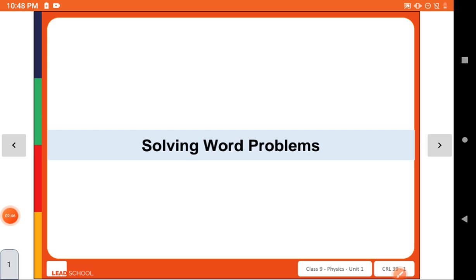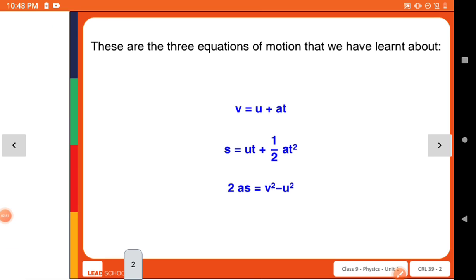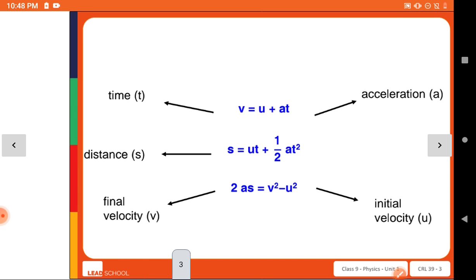Students, further we go for solving problems related to all three derivations. These equations have four parameters. To solve a problem, first of all we observe the problem or word statement, and after that we apply an equation of motion.